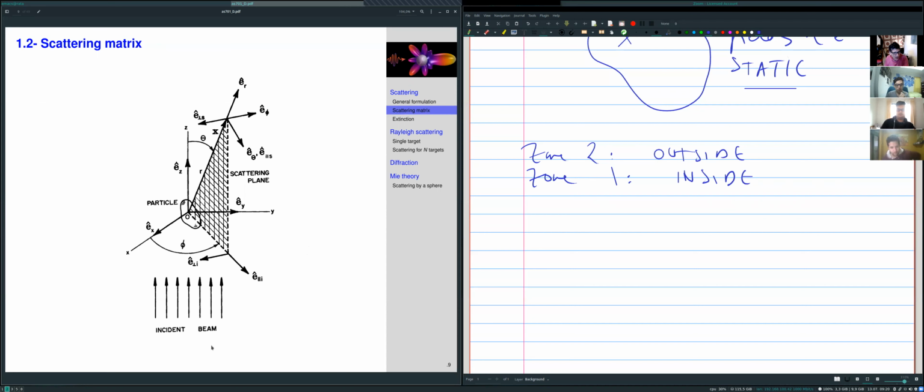We have to introduce a convention here of the geometry. So this is the incident beam here, and that's the particle. Okay, and here we are placing the Z axis parallel to the incident beam. So incident beam is along the Z axis. Okay. And X and Y correspond to the planes of the transverse incident waves.